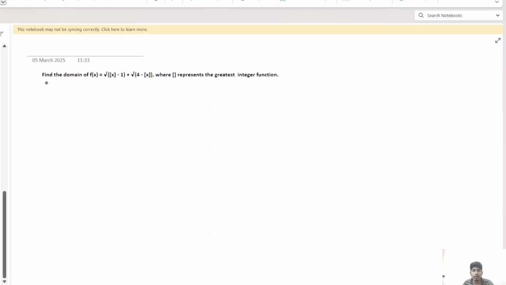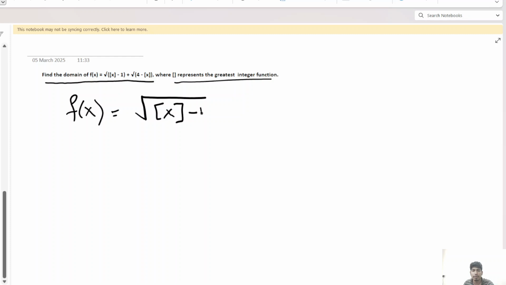Next question, we have to find the domain of this function, where this is the greatest integer function. The function is f of x is under the root of greatest integer function of x minus 1, plus under the root of 4 minus greatest integer function of x. Then what are the two conditions?